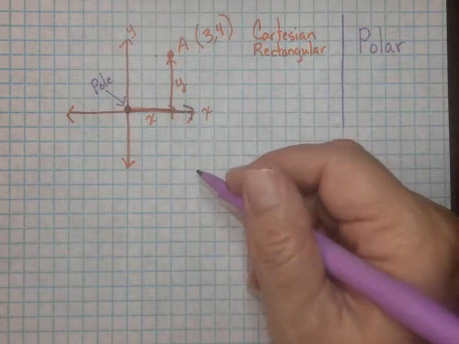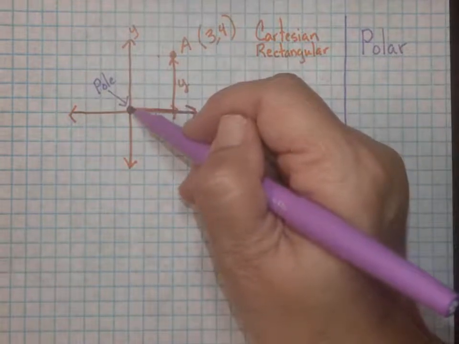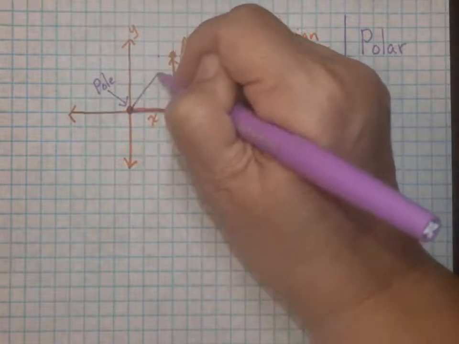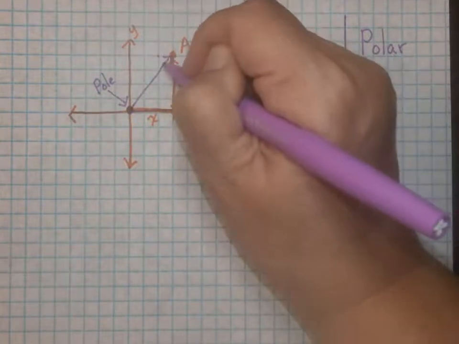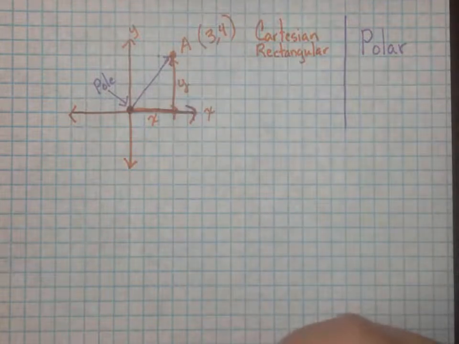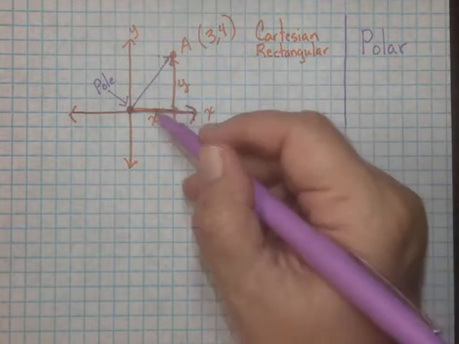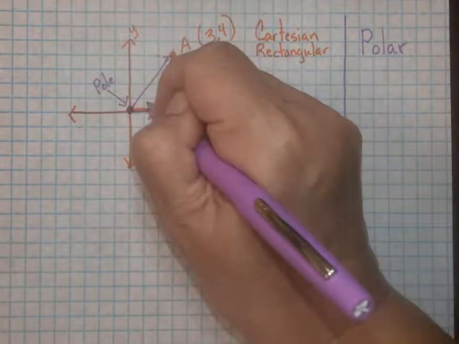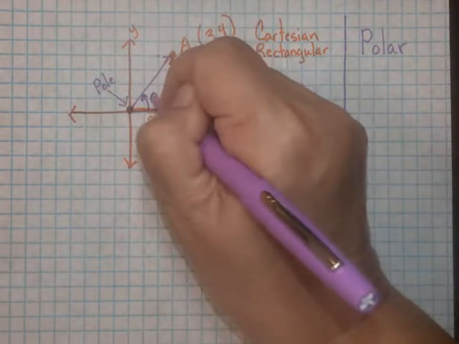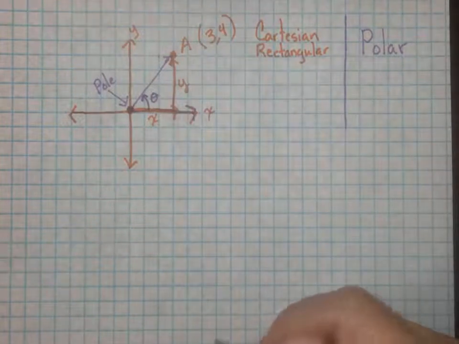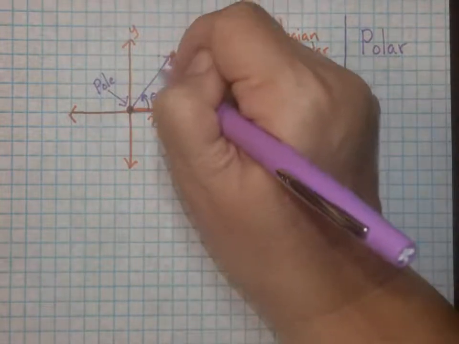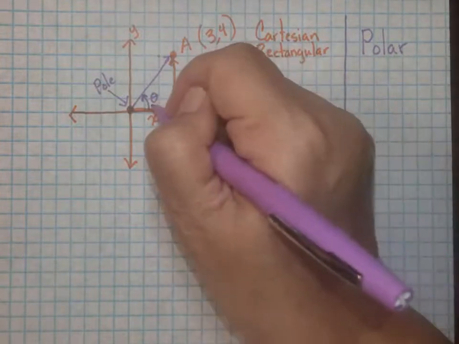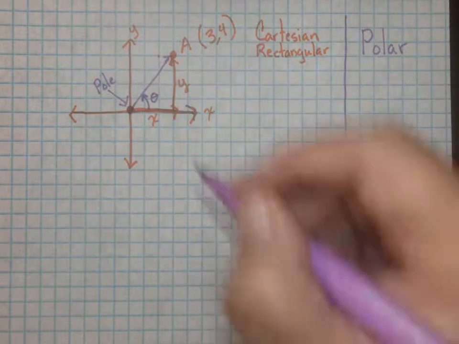And so then if I were to start at the pole and go out to point A and create this vector, I know that I can describe this vector by telling you its angle of direction, theta, as well as its magnitude, right?